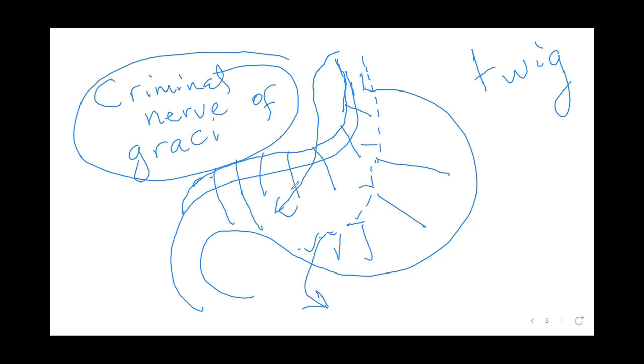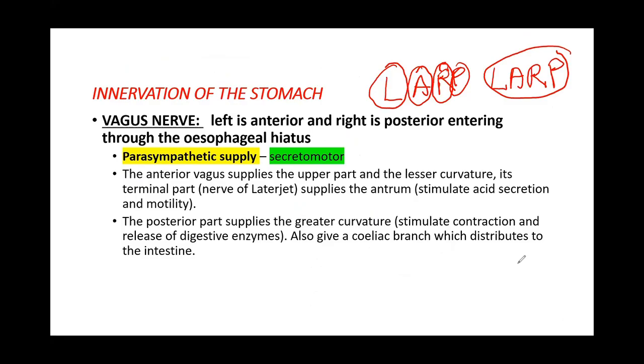And even after vagotomy, the patient will present with recurrence or persistent symptoms of peptic ulcer disease. So during vagotomy, you have to look for this twig and denervate it. So you should be conscious of that. So you should know the vagus nerve is the parasympathetic supply, which is secretomotor, that has the anterior and the posterior vagus nerve.